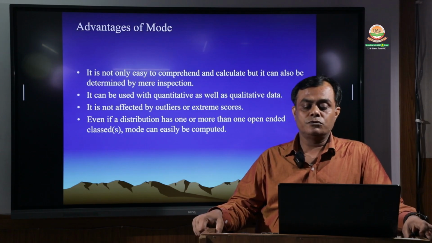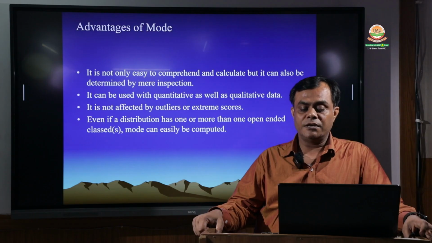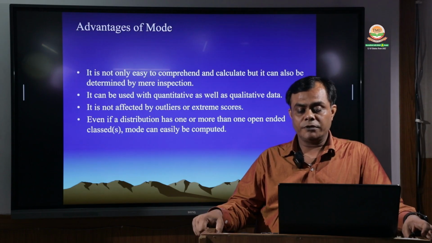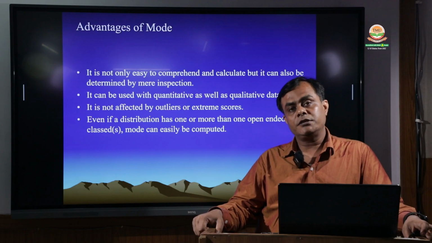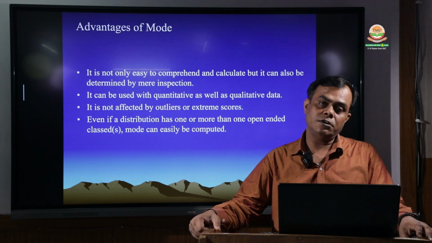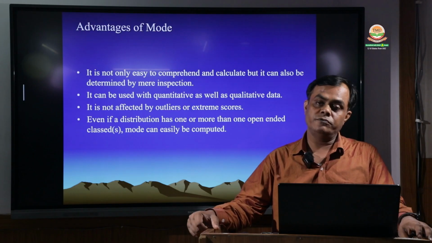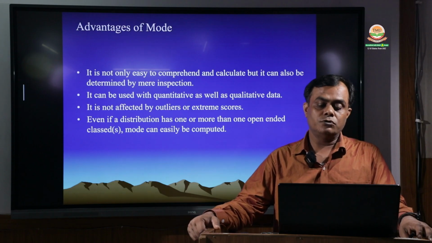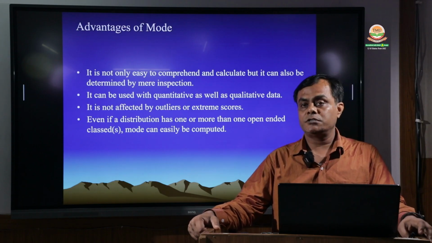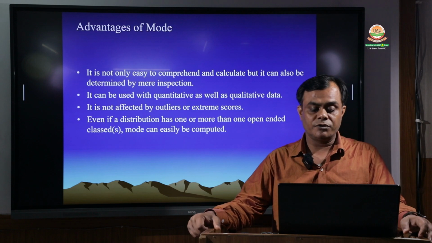It can be used for quantitative as well as qualitative data. It is not affected by outliers and extreme scores, as we have already discussed.